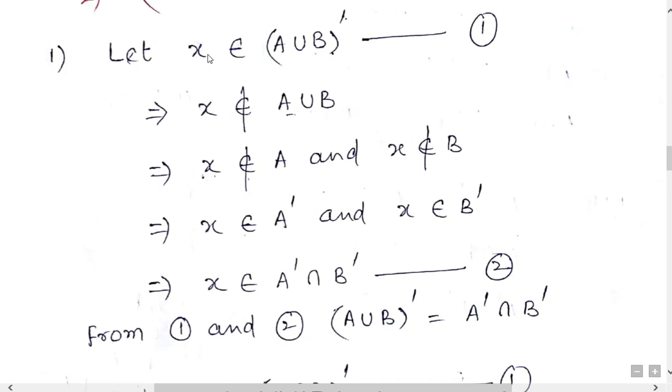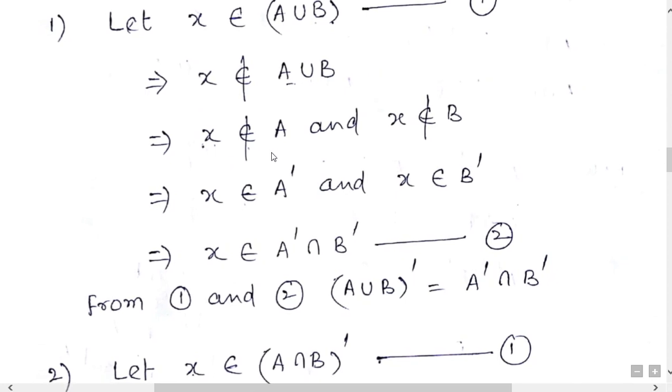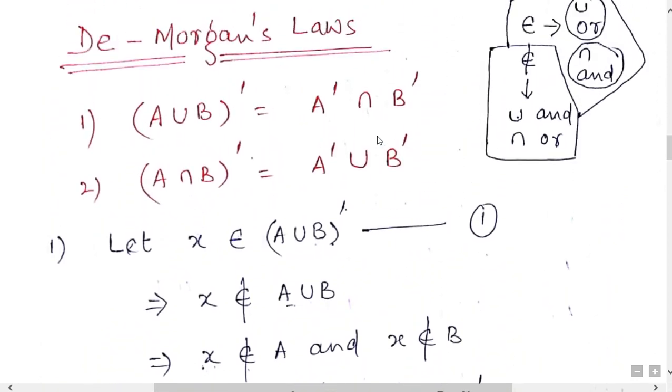If X belongs to (A union B) complement, it means clearly I can write X doesn't belong to A union B. Now, if I have to open this statement in a second step, then I can write X doesn't belong to A and X doesn't belong to B. Now, if I write doesn't belong to, the meaning of union is and, and intersection stands for or.